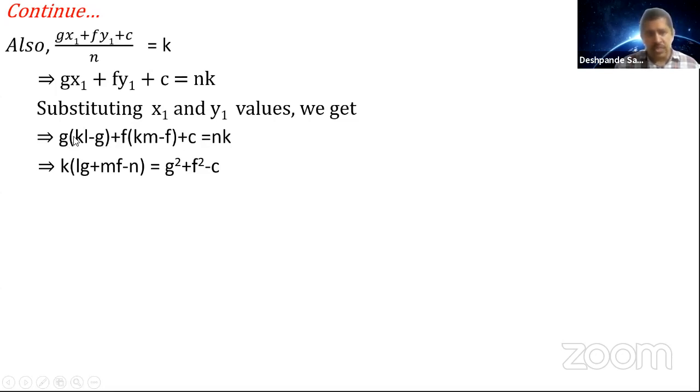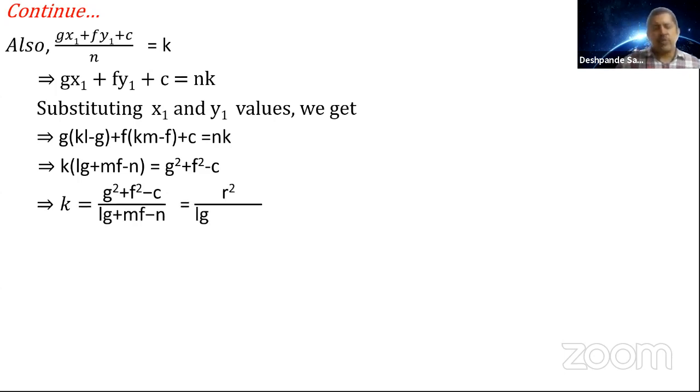All these three terms have k, so you take it in common. Then the terms not having k are -g², -f² and c. Bring these to the other side: -g² goes to the other side as +g², -f² as +f², and +c as -c. So you got the value of k as (g² + f² - c)/(lg + mf - n).